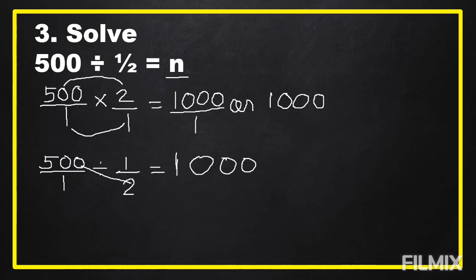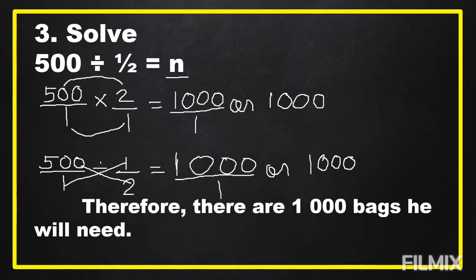Then, 1 times 1, the answer is equal to 1. Reduce your answer to lowest term, 1,000 divided by 1, the answer is equal to 1,000. These are the ways how we're going to solve this kind of problem. Therefore, there are 1,000 bags he will need.